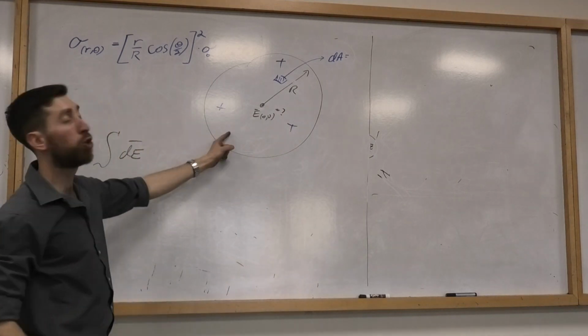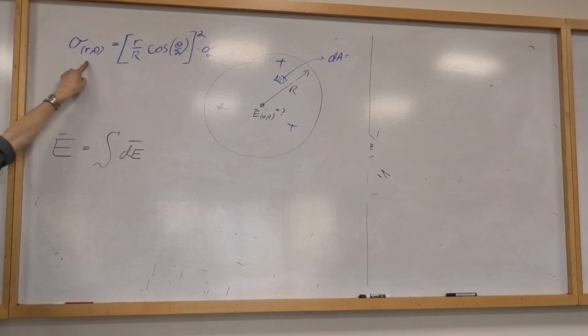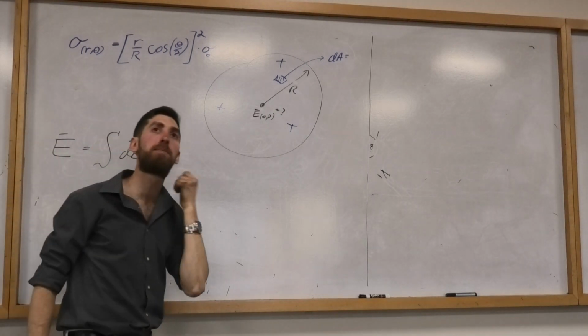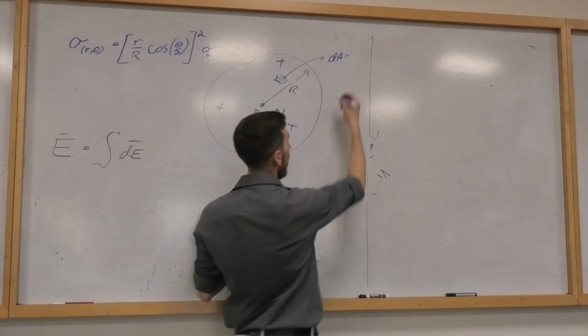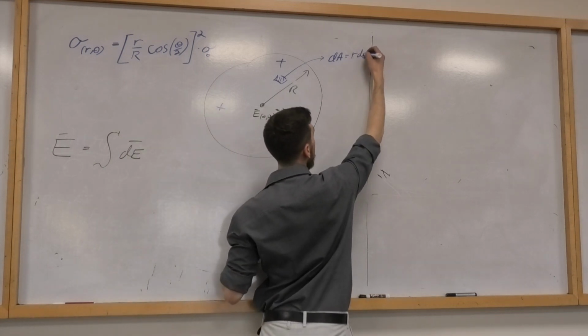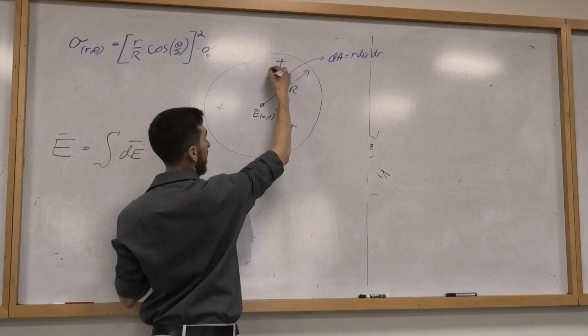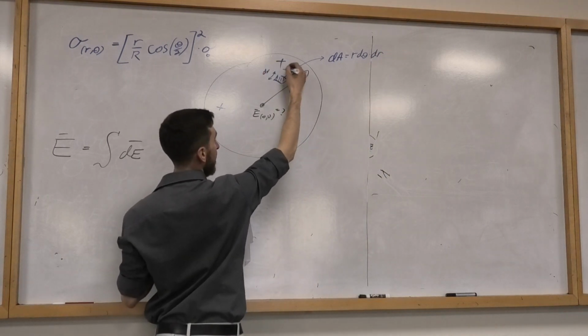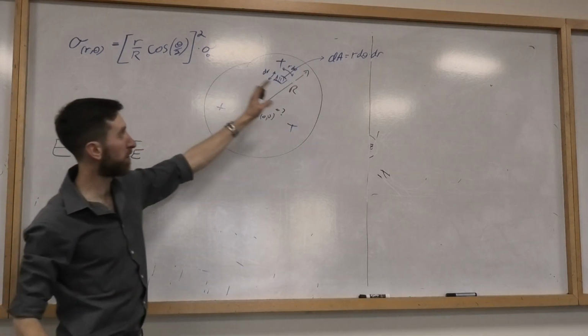I need to choose coordinates. Since I see this at r and theta, it's more like polar coordinates, right? So the good decision is going to be r d theta multiplied by dr, which means this is the length of dr, and this is r d theta. And I can divide all of it.